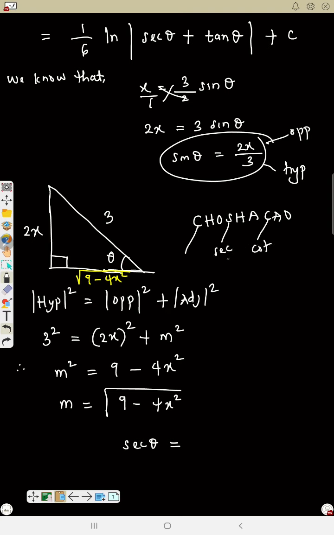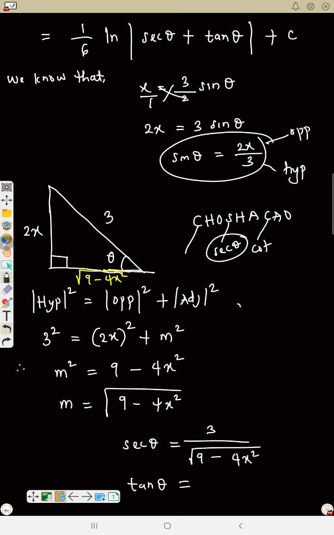This is sec. So now sec theta is hypotenuse over adjacent. So where is hypotenuse? Here it will be 3 over adjacent. What is adjacent? It is the one we found now. So 3 over square root of 9 minus 4x square.